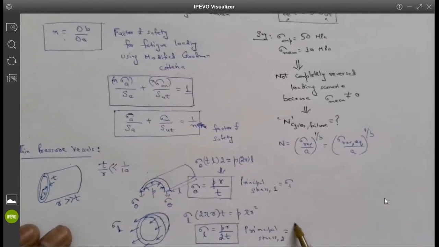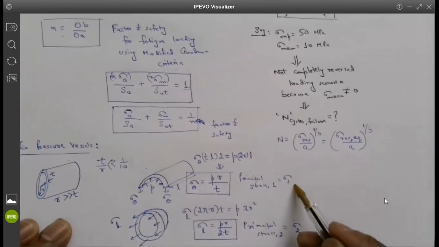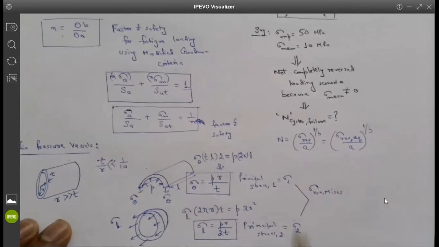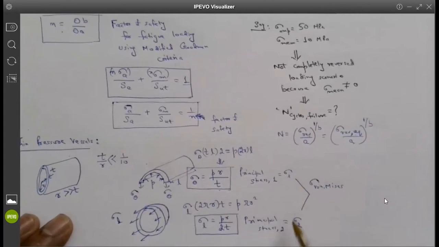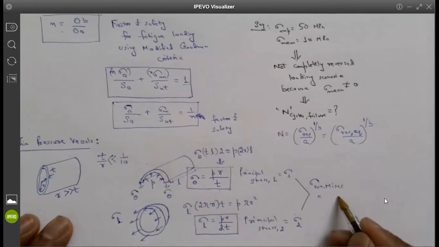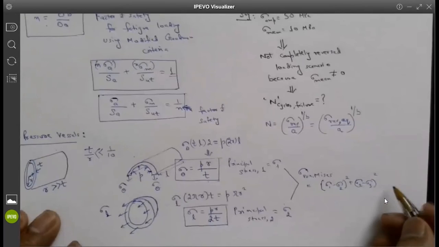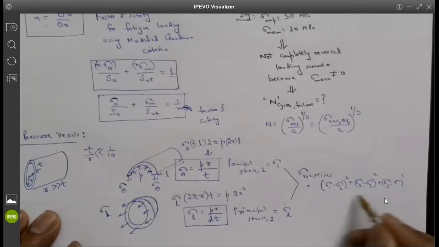Now we come back to our discussion here. Once we have sigma 1 and sigma 2, we have to find the von Mises stress, sigma von Mises. We always combine the different principal stresses into the von Mises stress, and we know the formula, which we saw a while ago: the square root of sigma 1 minus sigma 2 whole squared plus sigma 2 minus sigma 3 whole squared plus sigma 3 minus sigma 1 whole squared, divided by 2.